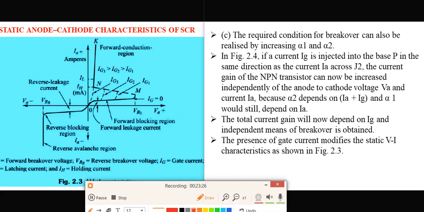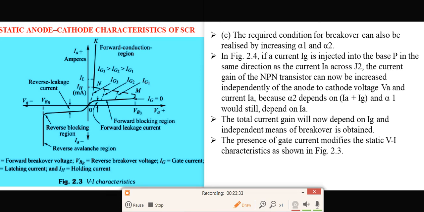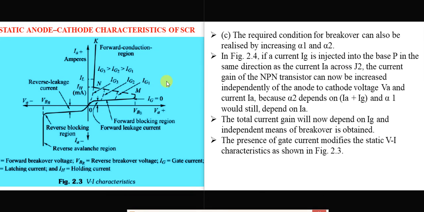To show you the effect when there is no gate current, I will draw it again, in some different color. If I don't apply a gate current, the current will flow like this. So this is a normal condition. It is working as a diode.